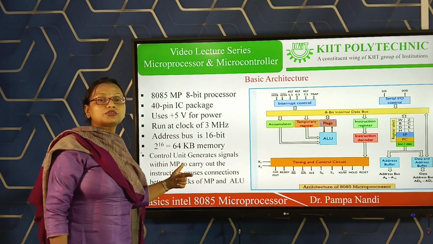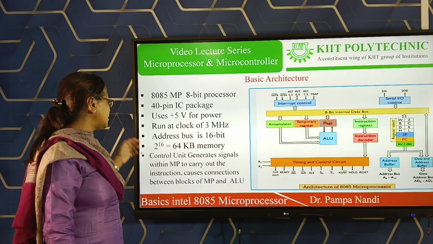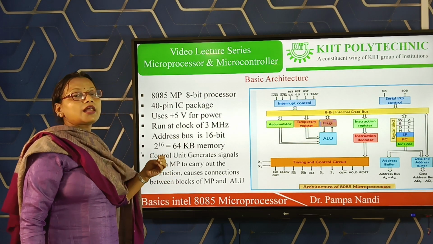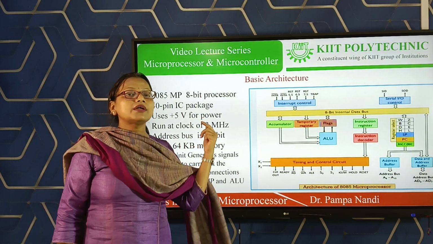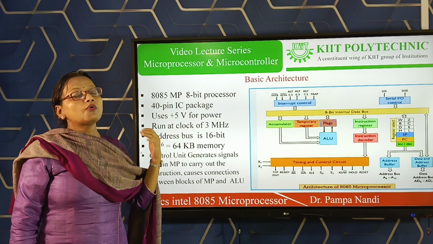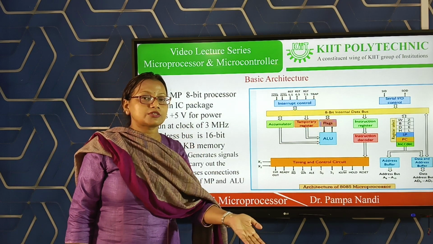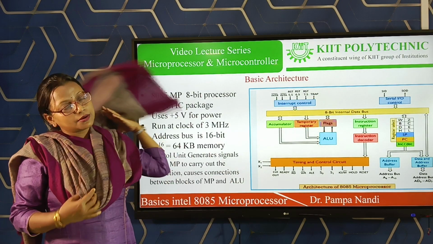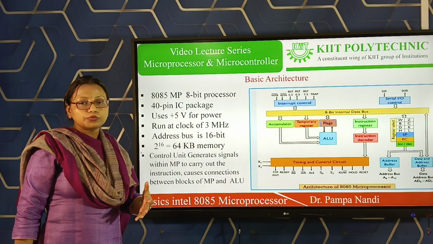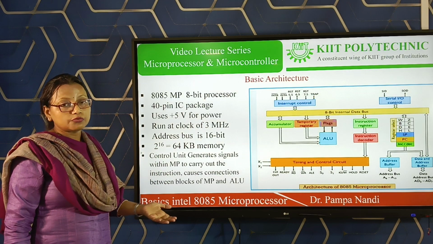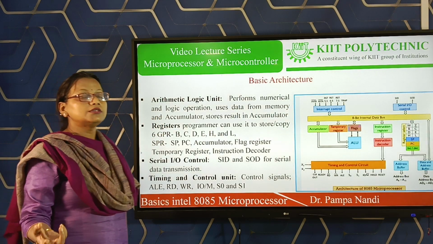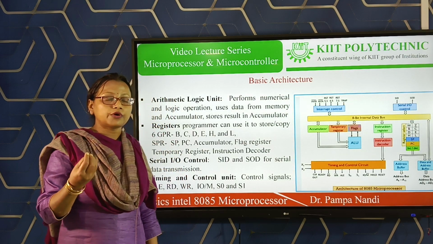Like this, the control unit also provides the timing and control signals, like whether I need to read, that is, some information is coming and I need to read, or whether I need to write, that is, when you are storing some data. Then whether it is input output or communicating with the memory location, or whether data is required for the ALU.